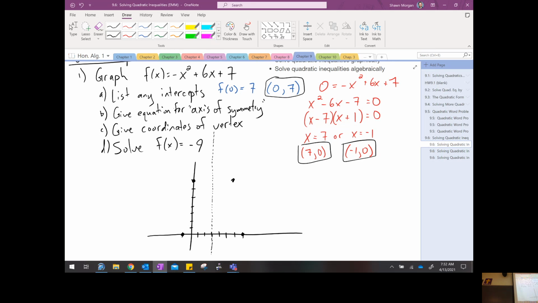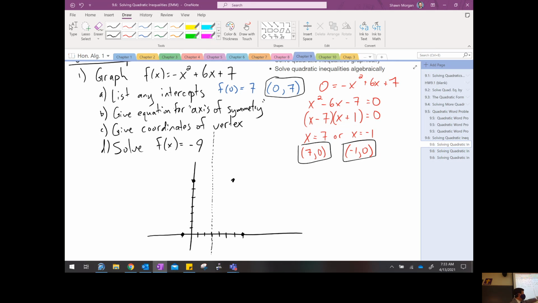X equals a constant. Very good. It's x equals a constant. Okay, Nate, what is that constant for this particular example? X equals what? Look at the picture. Where does it cross through the x-axis? Where does my dotted line cross through the x-axis? 3. Good.